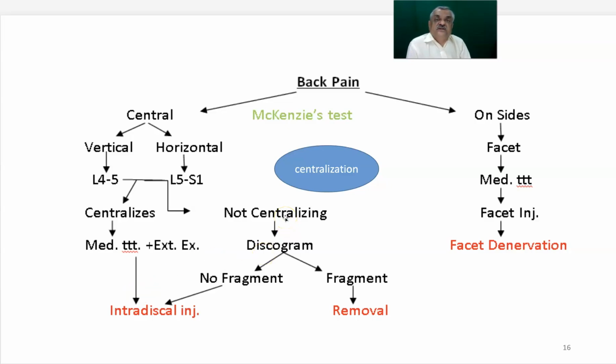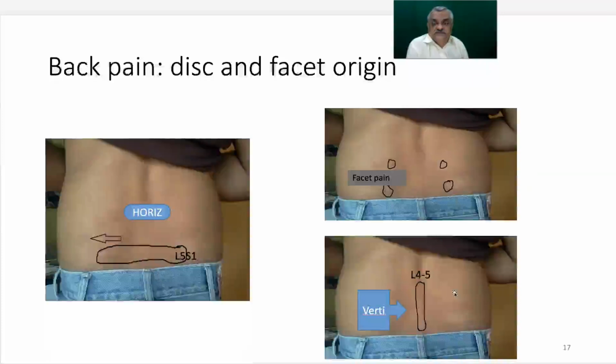If the pain is not centralizing, then we do a discogram and or an MRI scan nowadays as a basic investigation, which is non-invasive, and if there is a fragment, we remove the fragment. If there is no fragment, then we would probably consider giving a block to the patient so as to stop the pain.